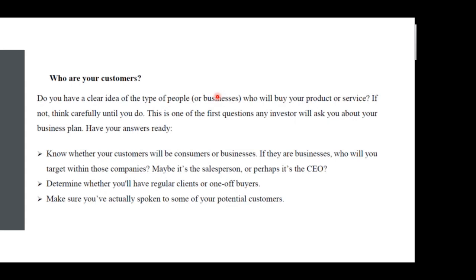So here in your report, after the executive summary, we should explain our customers. When we talk about customers, there can be twofold: the direct customers as well as indirect customers.